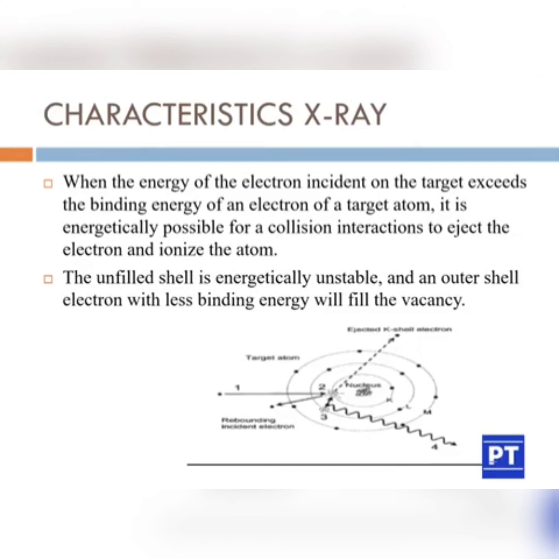The unfilled shell is energetically unstable, and an outer shell electron with less binding energy will fill the vacancy. Binding energy means the binding energy of the K shell will be high compared with the other shells, since it is close to the nucleus.